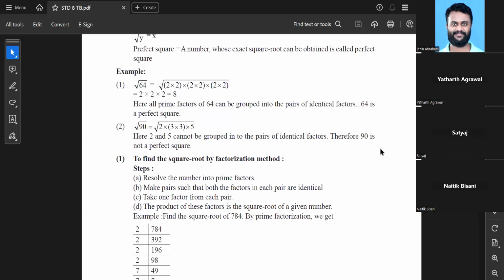Yes, Naitik, tell me what's the matter? Sir, you said that we can take common outside and break them inside, in multiplication and in division.